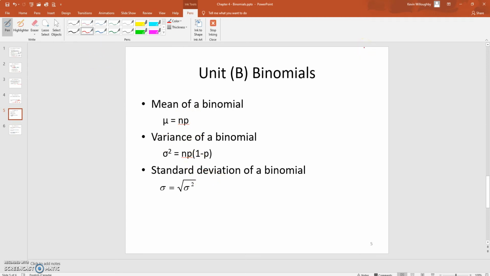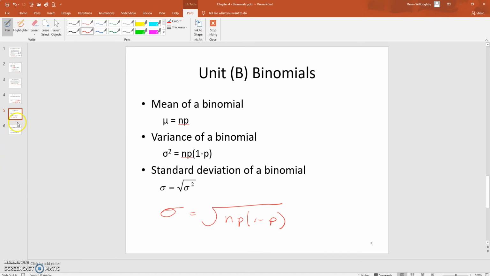The variance is n times p times 1 minus p, and the standard deviation is the square root of the variance.